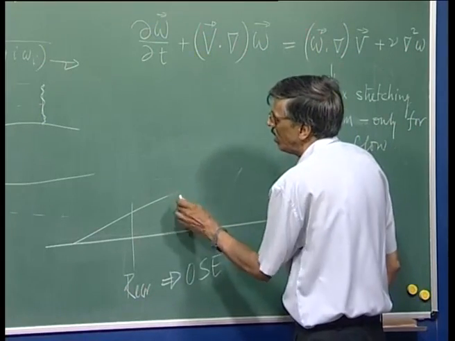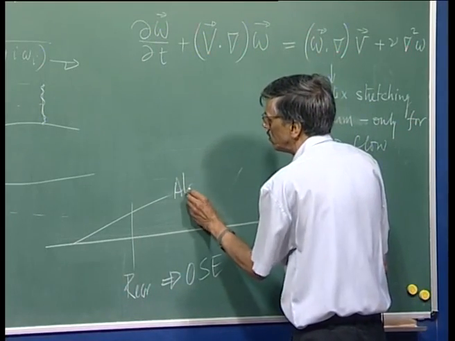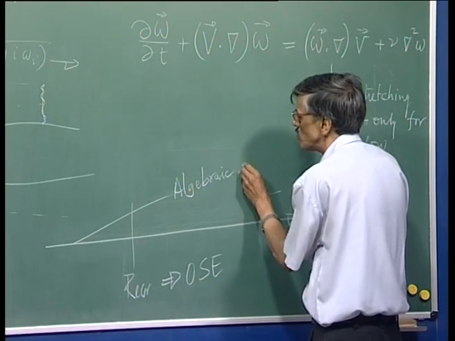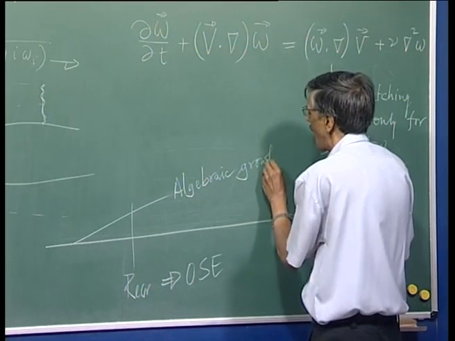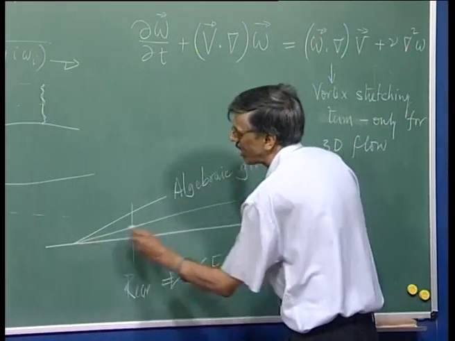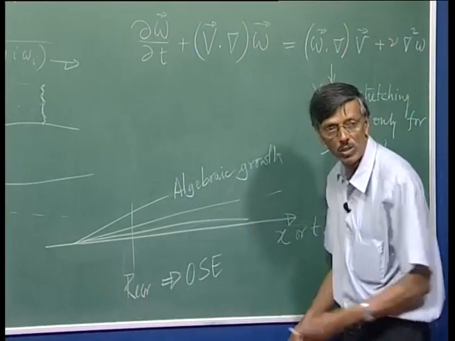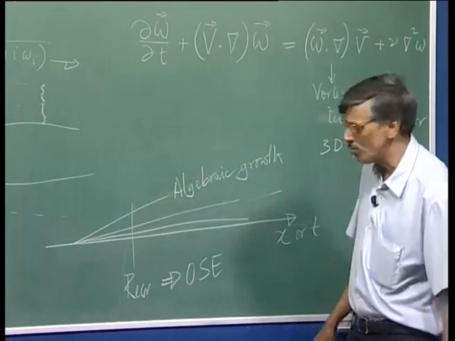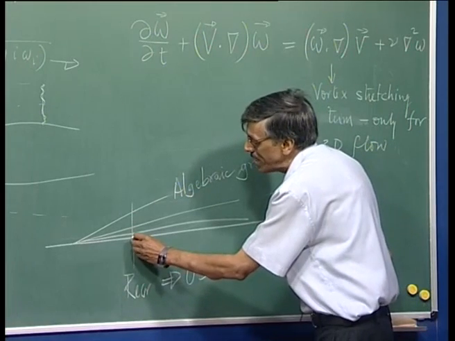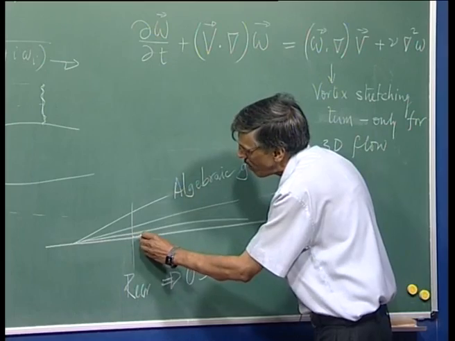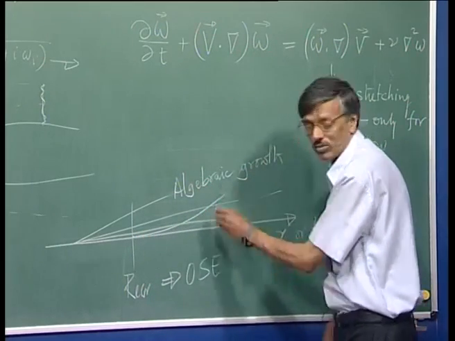So, this is your algebraic growth. Well, I could have different types of algebraic growth. I could have this kind of growth, I could have milder growth, and so on and so forth. What happens with the OS mode? The OS mode picks up from here. Up to here it does not exist. So, it picks up from here and then it goes like this.